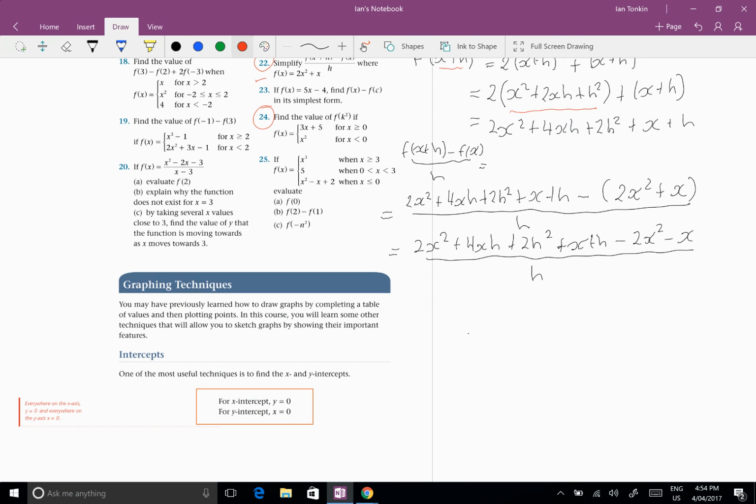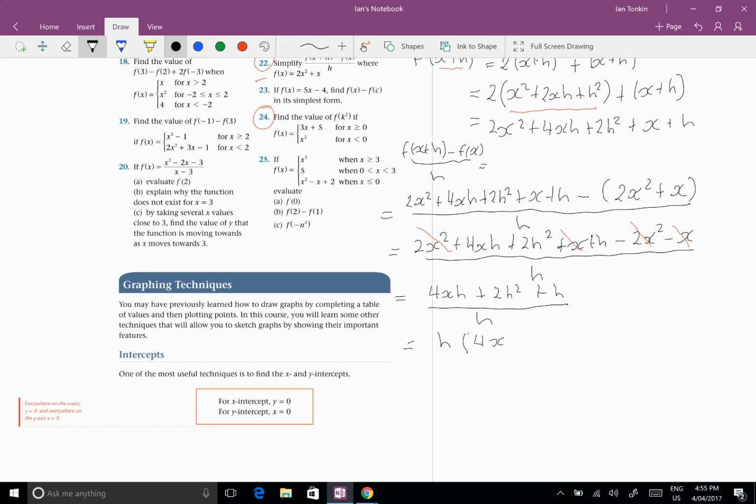Now again, watch what happens. 2x squared minus 2x squared, plus x minus x. They wipe each other out. So what have I got? 4xh plus 2h squared plus h, all over h. Well, smart people could cancel that straight away, but I'm going to factorise the h on top.